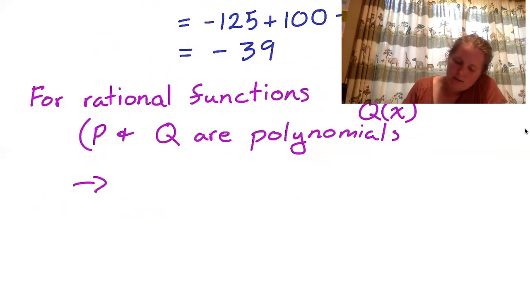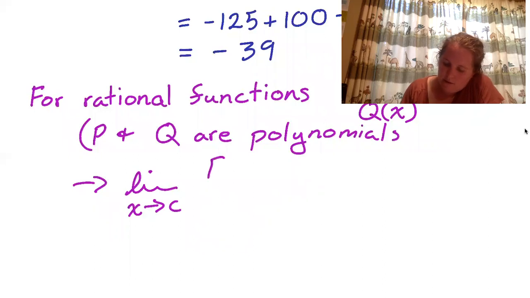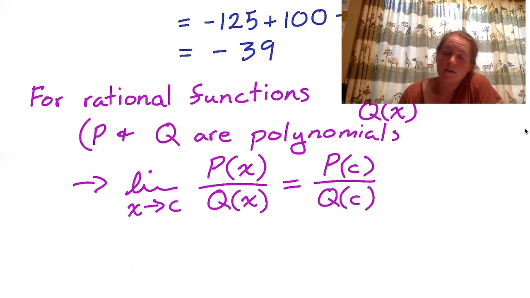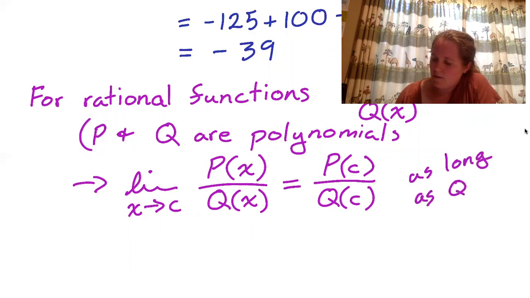Then we get that the limit as x approaches c of p of x over q of x is just p of c over q of c, just plugging in our value c, as long as q of c is not equal to 0. Dividing by 0 complicates things.